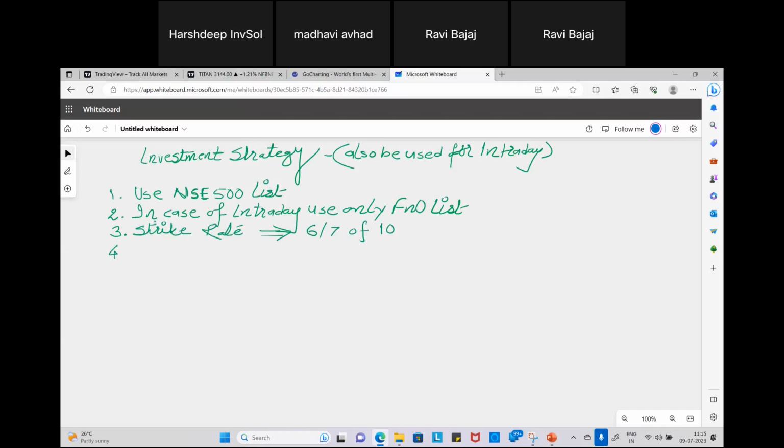Then fourth, why I'm writing, everybody needs to understand and remember all these things very, very carefully. It should not happen that you just listen to this strategy and possibly go and apply it to any stock.